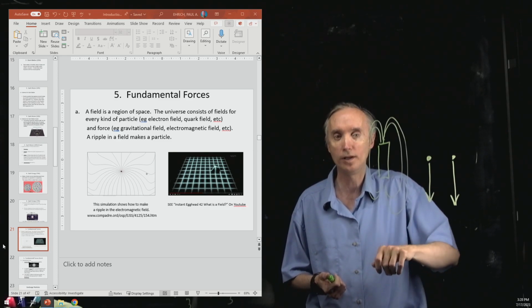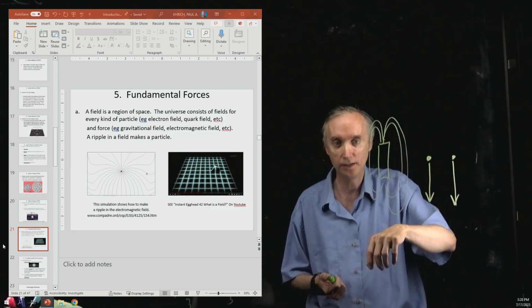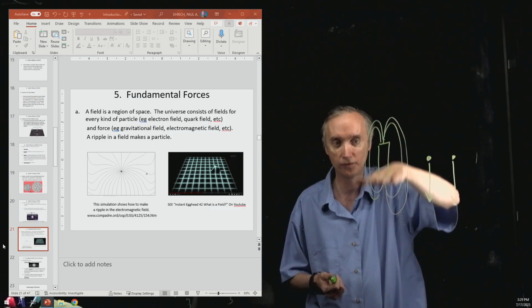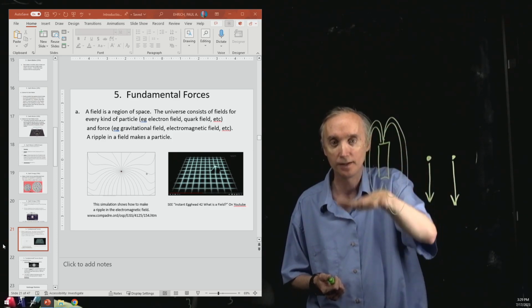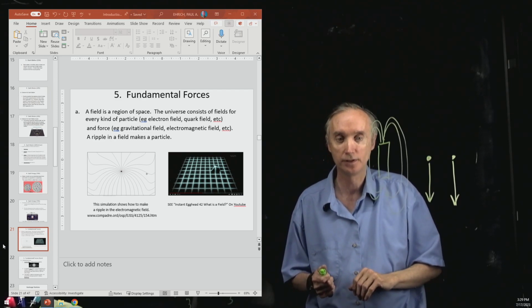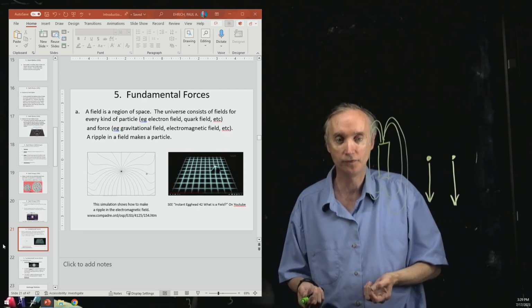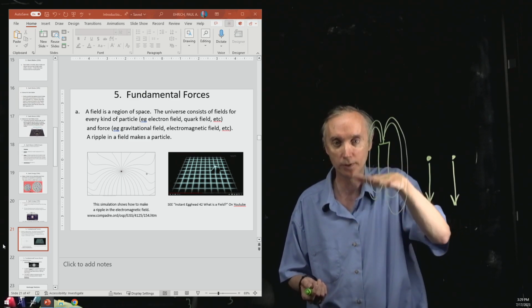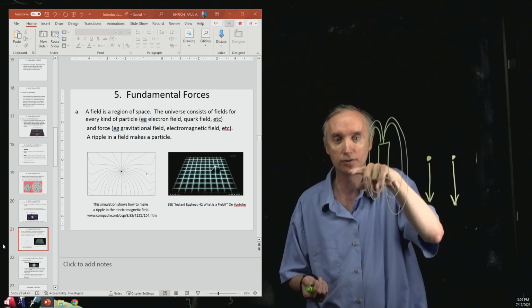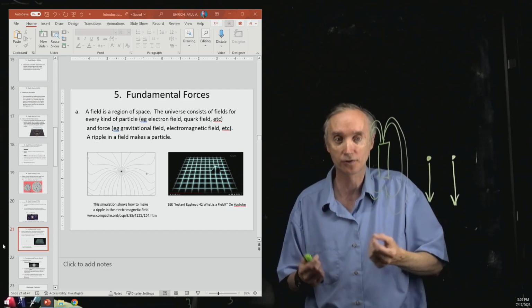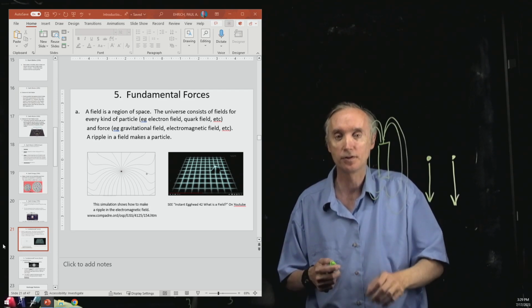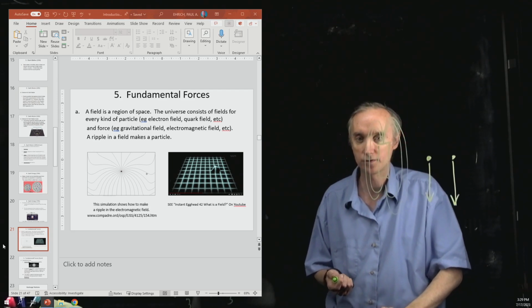And then when you make a ripple in that field, so when the field starts to vibrate, that creates a particle. So if you have an electron field, and then the electron field begins to vibrate, it is going to produce an electron, a particle. So this is another way of viewing the universe.